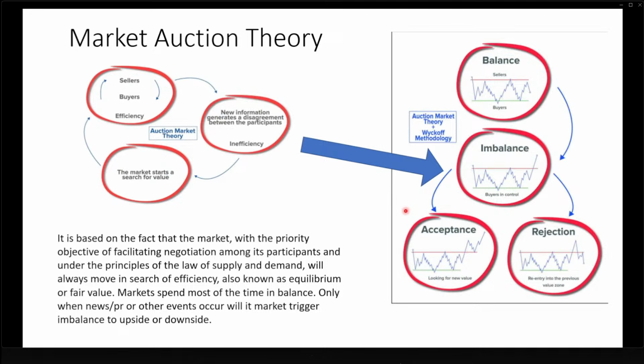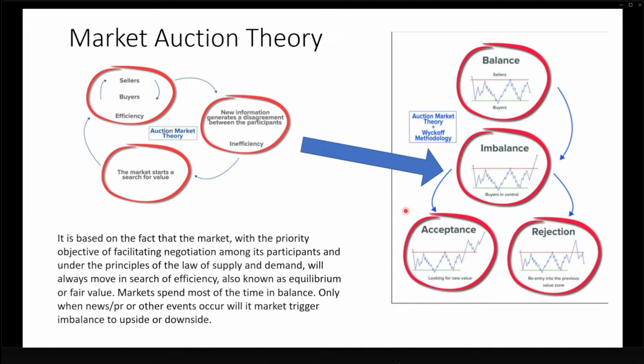Why does the market auction higher? Price discovery. They search for sellers and try to shut off the buying. The opposite is true as well. Why do we auction lower? You want to stop the selling and you're looking for buyers.